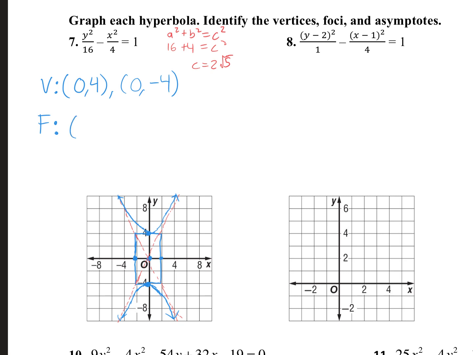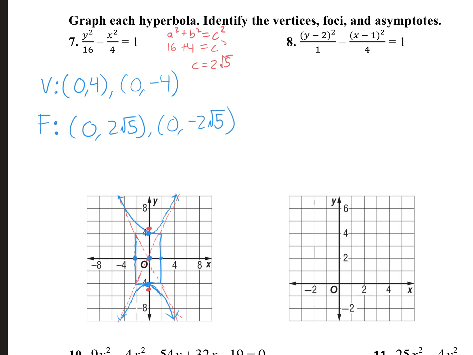So from 0, 0, we give 2 rad 5 to the y coordinate, and we do plus or minus. So there's 2 foci. If you wanted to graph those, 2 rad 5 or square root of 20 is between 4 and 5, so they would be somewhere around here. That's where our foci would be.